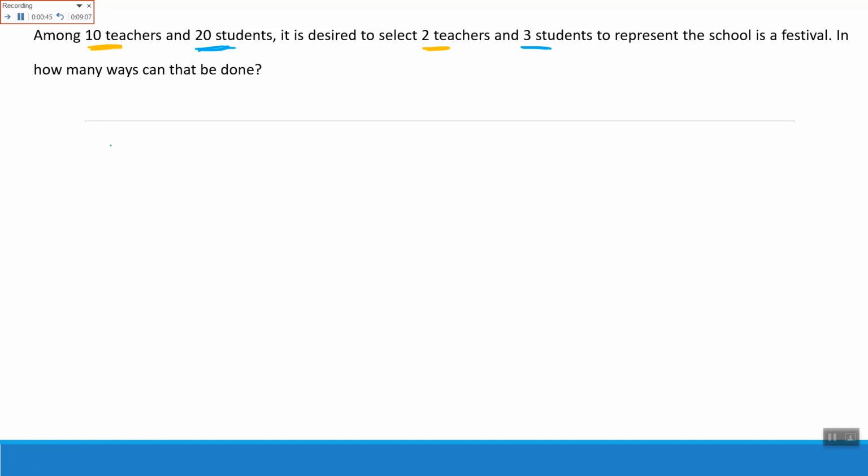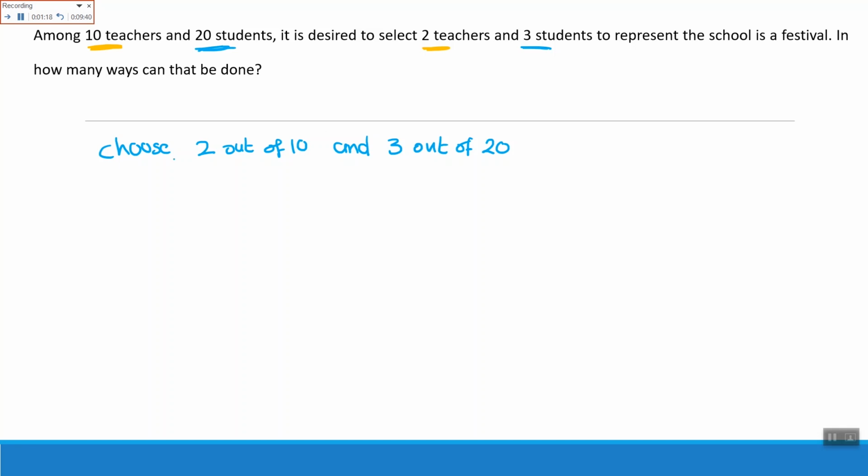We simply want to choose 2 out of 10 teachers, and we want to choose 3 out of 20 students. This is basically what we want to do.